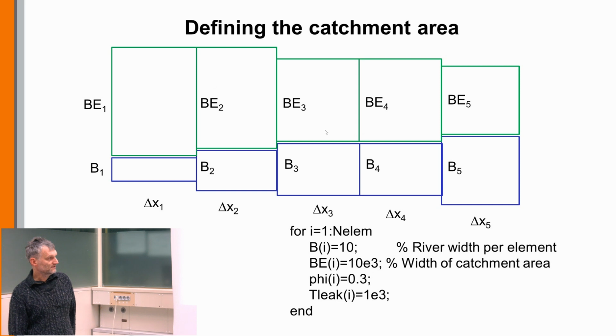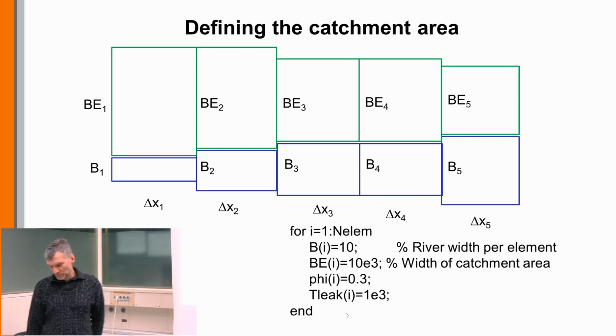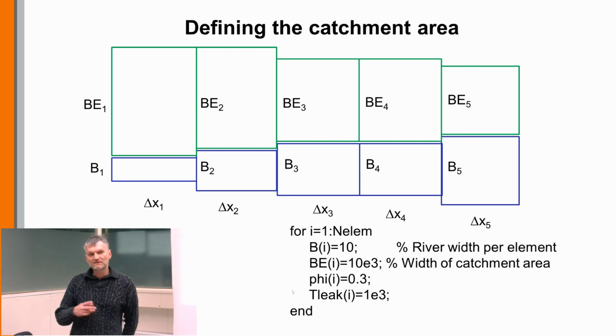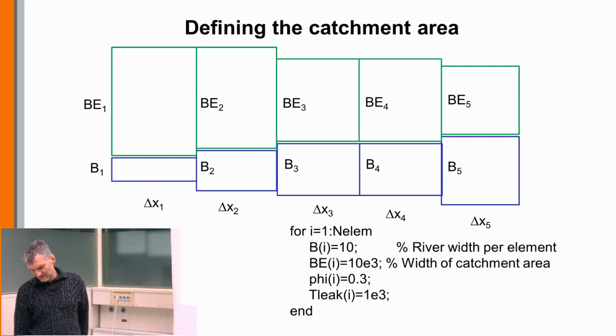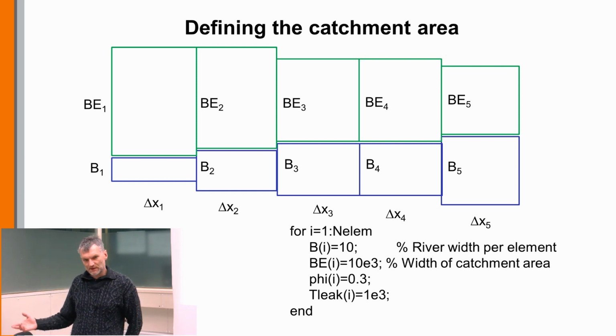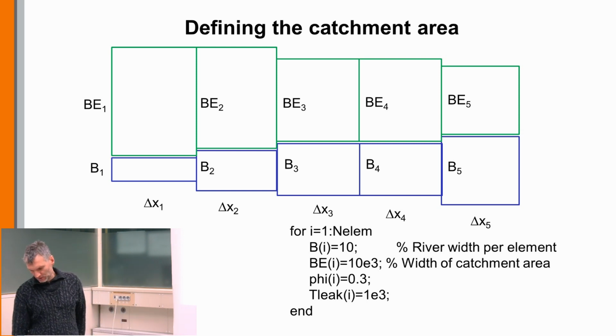The leakage rate is something like a time that the groundwater goes into the river or the river water goes into the groundwater. This is the leakage time, an empirical parameter in this kind of numerical model. For every element, I take the same width, the same porosity and the same leakage time, but you can change it from element to element.